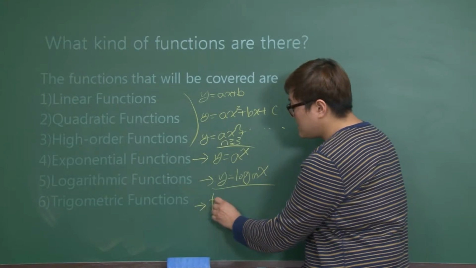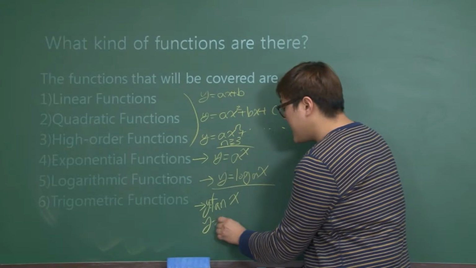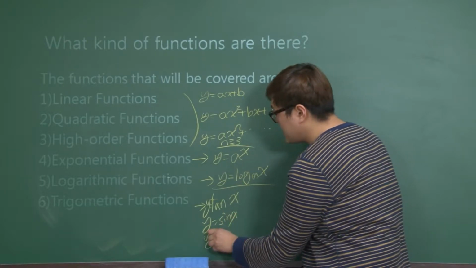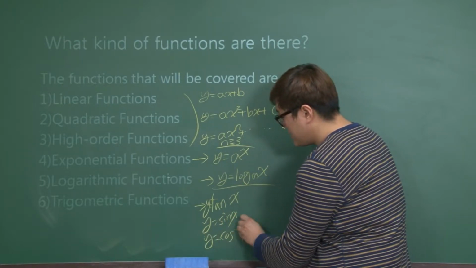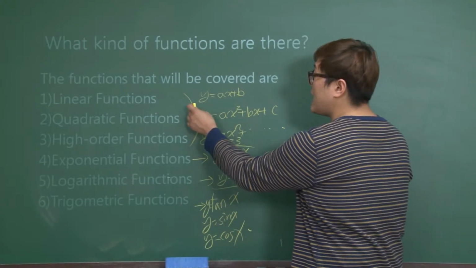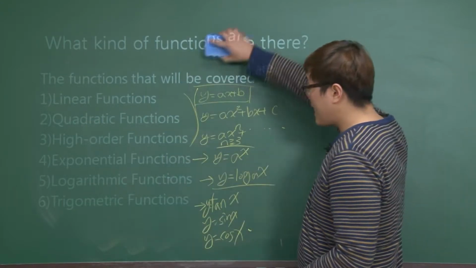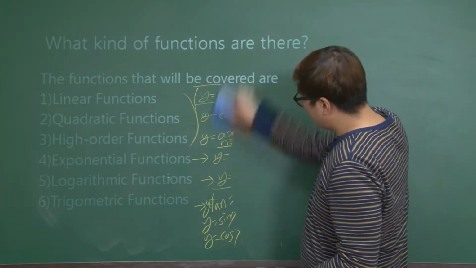So they're tangent x, sine x, or cosine x, such kinds of functions. These are the kinds of functions that you're going to learn in the future. And today, we're going to cover linear function.